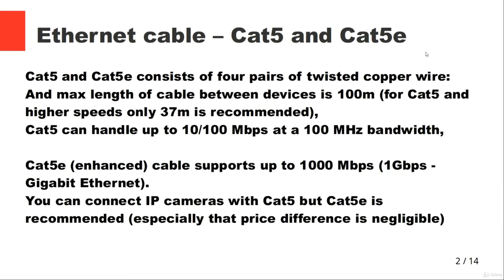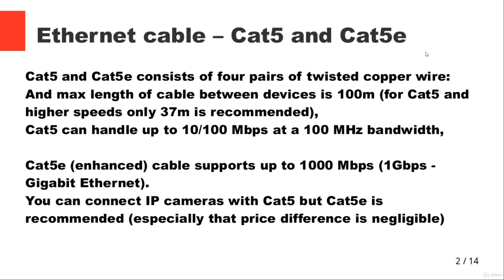So Cat5 and Cat5e consist of 4 pairs of twisted copper wire, and the maximum length of cable between devices is about 100 meters for Cat5. But for higher speeds, only 37 meters is recommended.